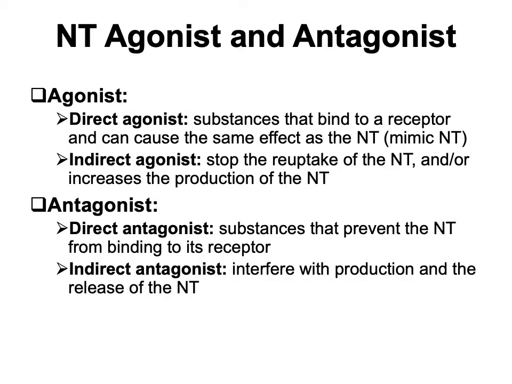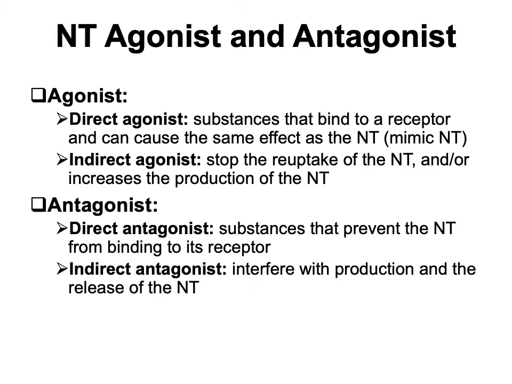So just a little more detail on agonists and antagonists because they can have direct effects and indirect effects. Direct agonist effects are substances that bind to a receptor and can cause the exact same effect as the neurotransmitter, or you can say it mimics the neurotransmitter.